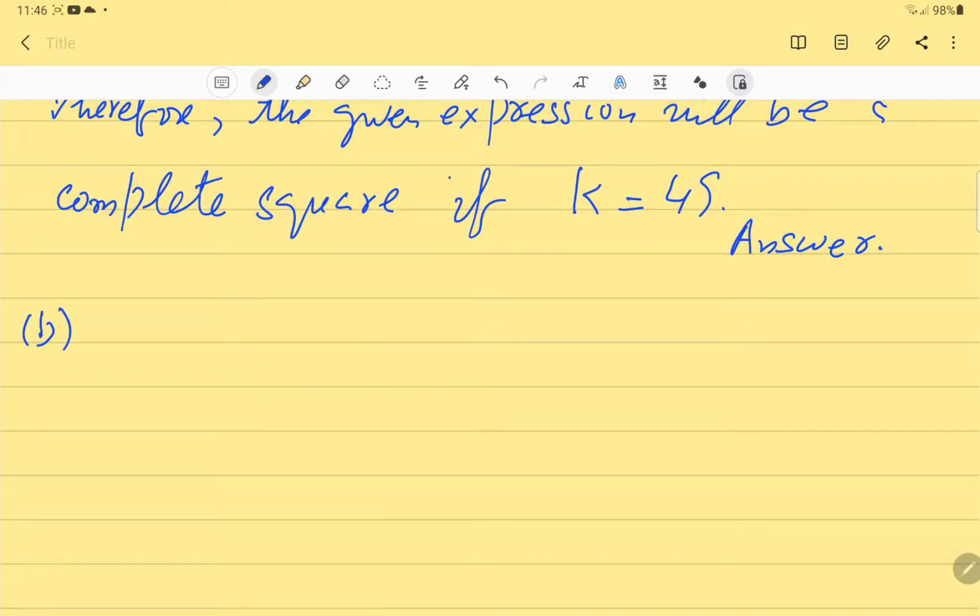The second one is x raised to power 4. This term is a complete square, so minus 4x cube plus 10x squared minus kx plus 9. Again we will attempt this question with the help of the division. We will try to find out the square root with the help of the division method.